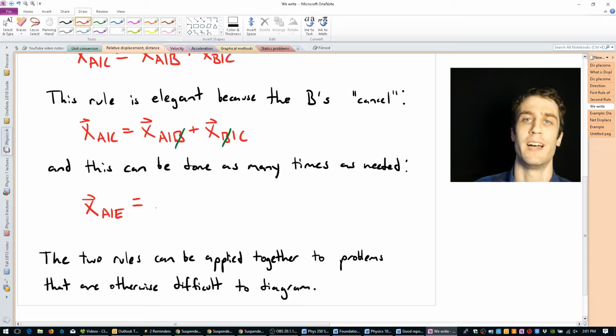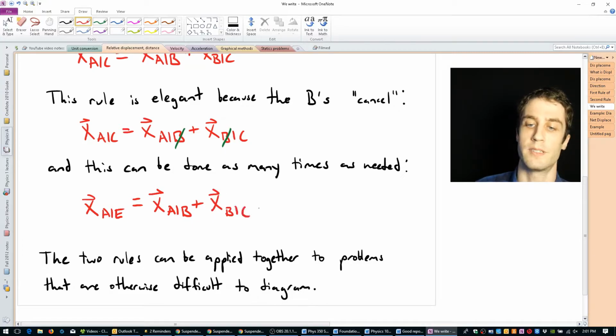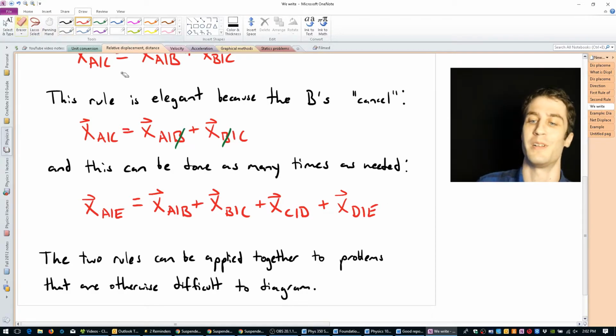Suppose we have not Alice and Bob and Carl, but like A, B, C, D, and E. XA relative to E is equal to XA relative to B plus XB relative to C plus XC relative to D plus XD relative to E. That's D relative to E, not die there.